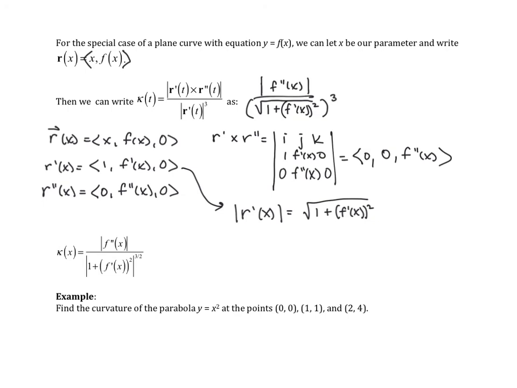Okay, so this would just be another way to look at it. We can simplify that and make it 1 plus f prime of x squared raised to the 3/2. You could do square root also, but let's look at an example that deals with this.